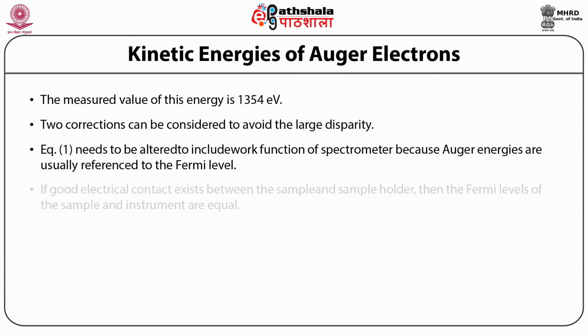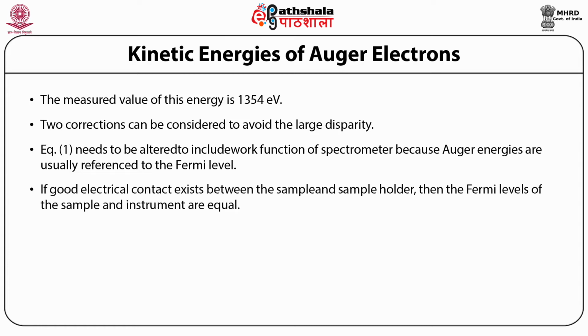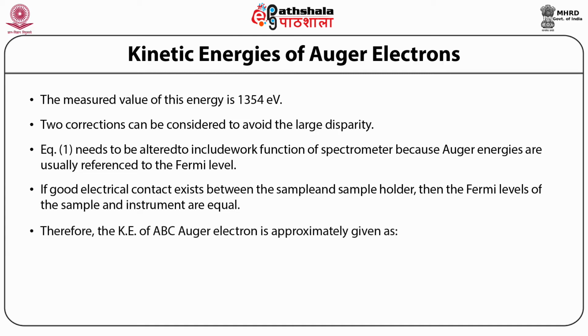The equation is altered to include the work function of the spectrometer because Auger energies are usually referenced to the Fermi level. If good electrical contact exists between the sample and the sample holder, then the Fermi levels of the sample and instrument are equal. Therefore, the kinetic energy of ABC Auger electrons is approximately given as EABC equals Ea minus Eb minus Ec minus phi a. This is represented as equation 2.